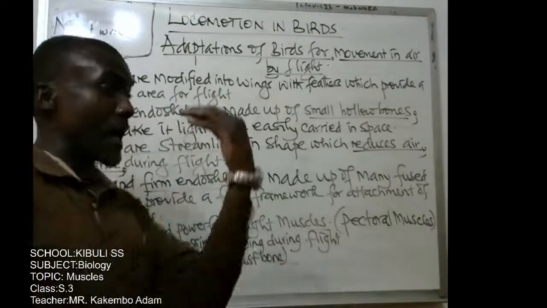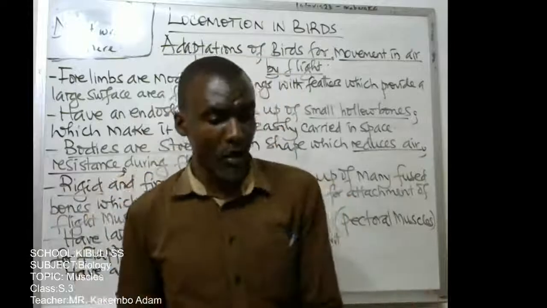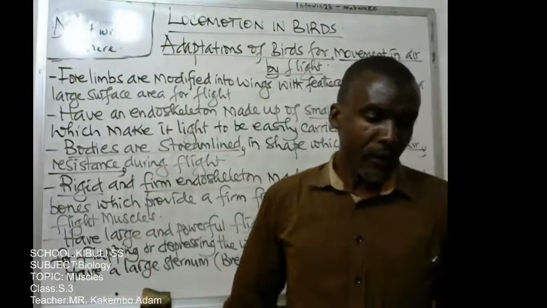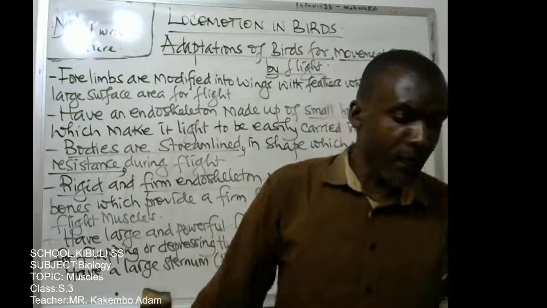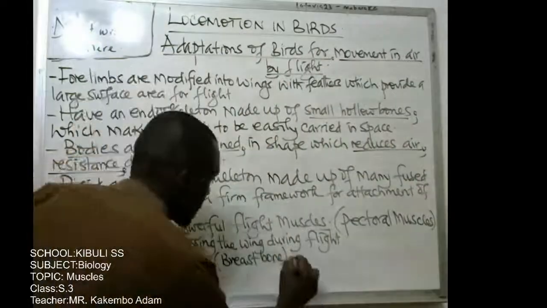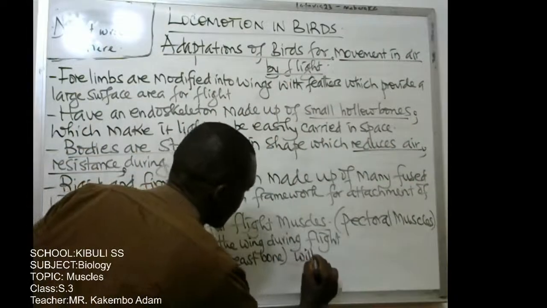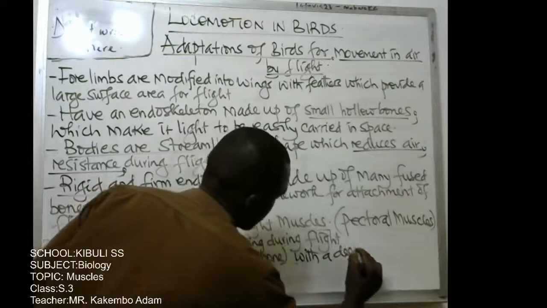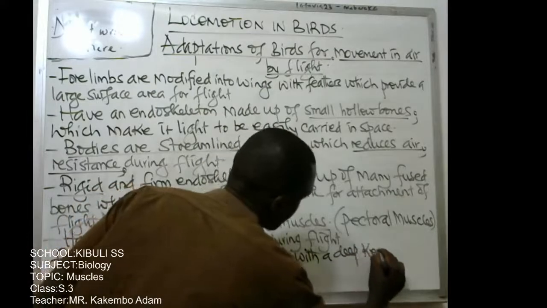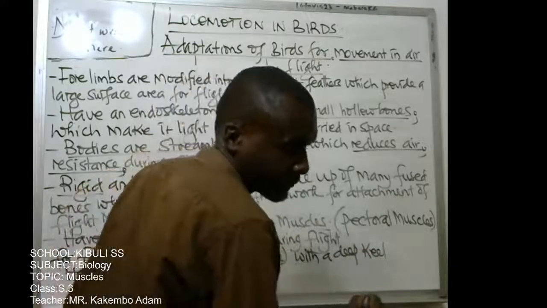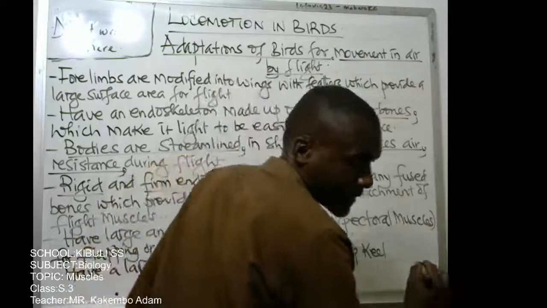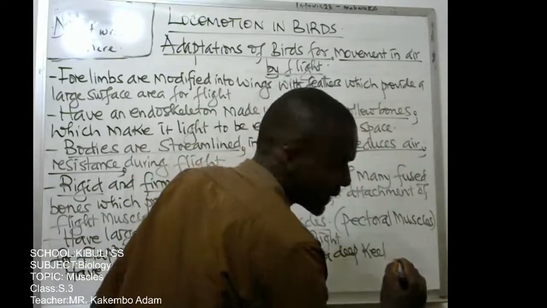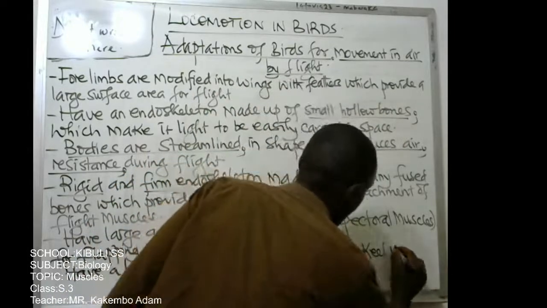They have a large sternum or breastbone with a deep keel, which provides a large surface area for attachment of flight muscles.